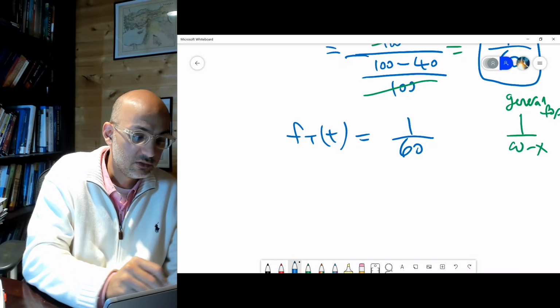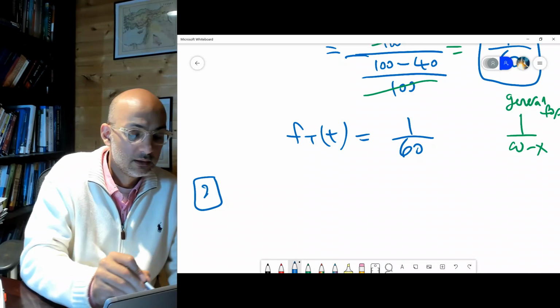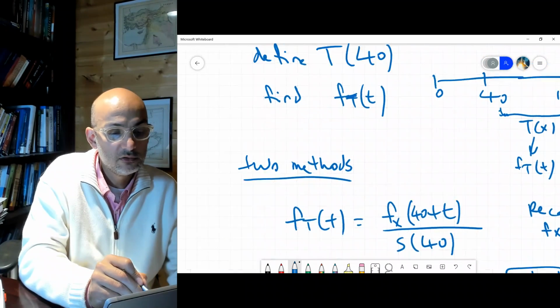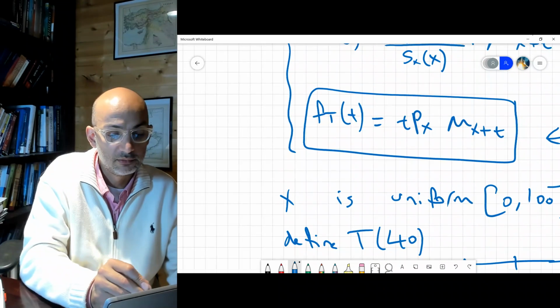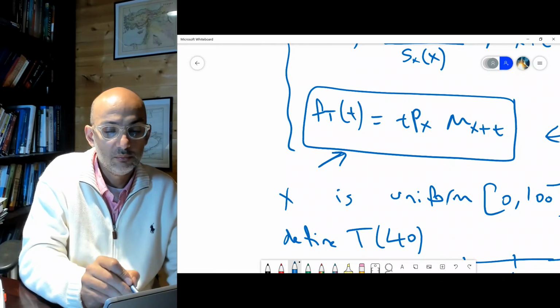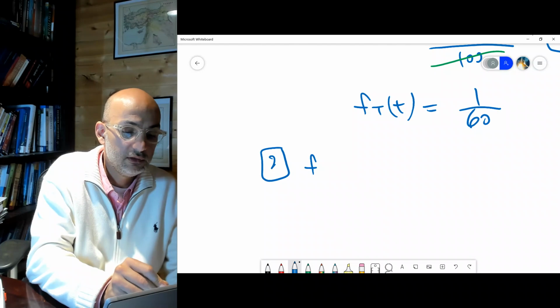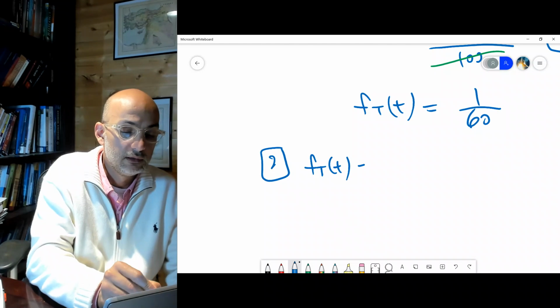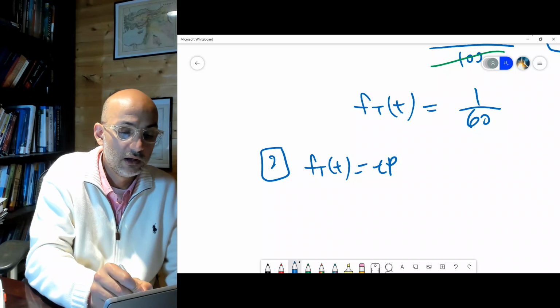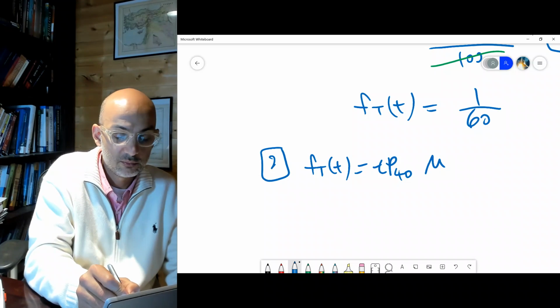The second method, what we're going to use is this relationship: tpx mu x plus t. Now f of t is tpx mu x plus t, where x is 40, so mu 40 plus t.